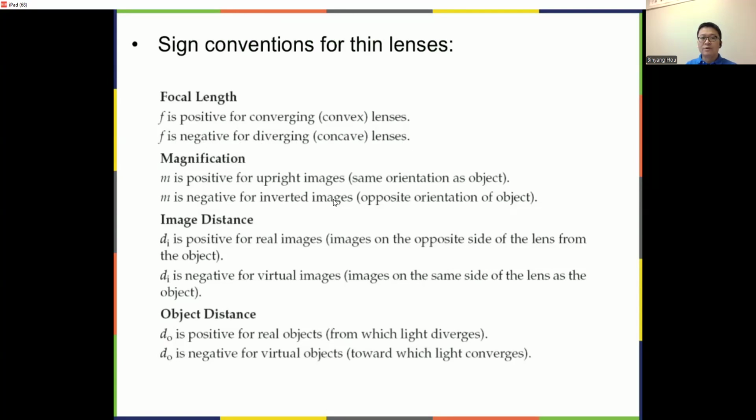It's negative for an inverted image, which means for a real image, it's negative. Image distance is positive for a real image. If it's a virtual image, you get negative on that. Okay, object distance is positive for a real object, and it's negative for a virtual object. So this is referring to if you are using multiple lenses at the same time. Sometimes the virtual image could be the object of a second lens. Okay.